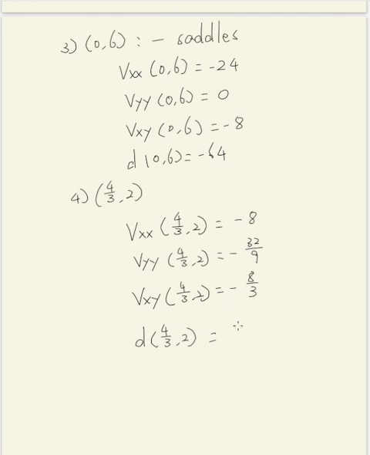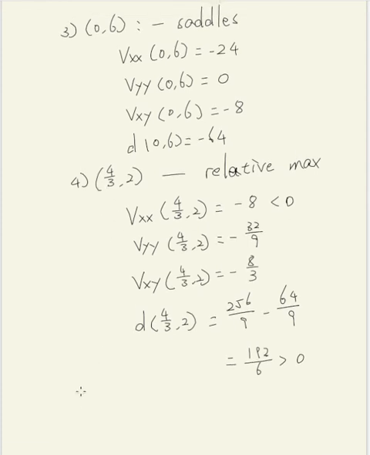This multiplied by that is 256 divided by 9, then minus 64 over 9, which is 192 over 9, which is larger than 0. Now, since Vxx is smaller than 0, this is a relative max. So we found our maximum.